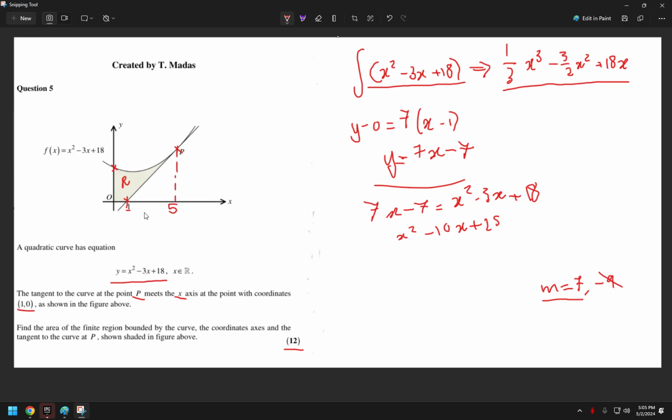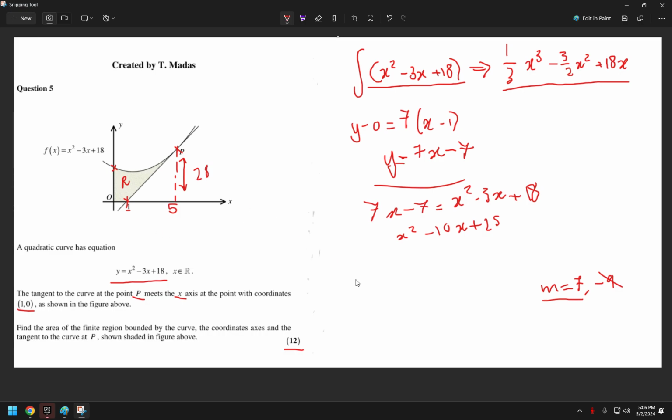So now I can sub 5 back into the curve or the line to find out the height of P. So I could do 7 times 5, which is 35, minus 7, which is 28. So this height right here would be 28.